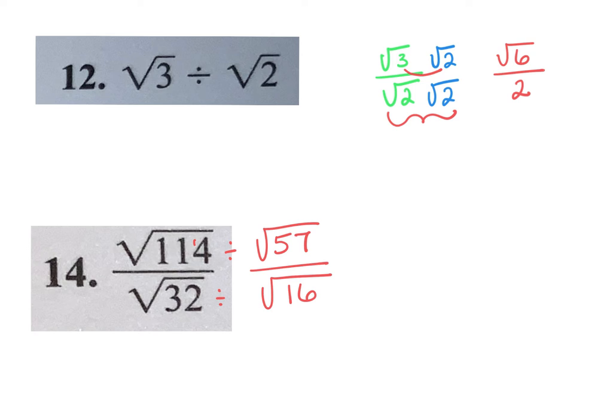I think it's 3 and 19, right? 16, however, has a perfect root. What's the root of 16? 4. So I'm going to say the square root of 57 over 4. I'm done at this point. I don't have a radical in my denominator, and my 57 is as simple as it gets inside the radical. So this is my answer here.